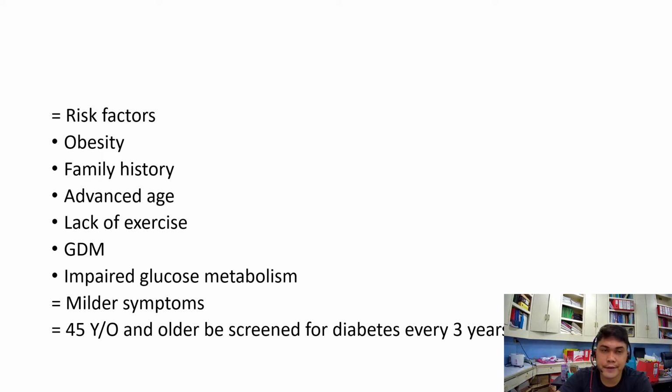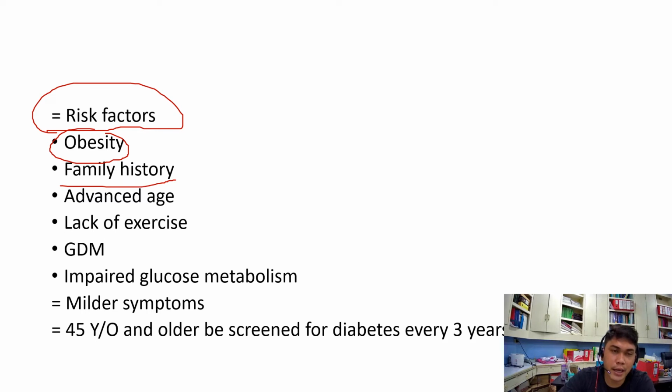So what are the risk factors for type 2 DM? First is obesity. If you're obese, you tend to develop insulin resistance. Next is family history, advanced age, and lack of exercise, because exercise increases insulin sensitivity. So with lack of exercise, the effect is insulin resistance.